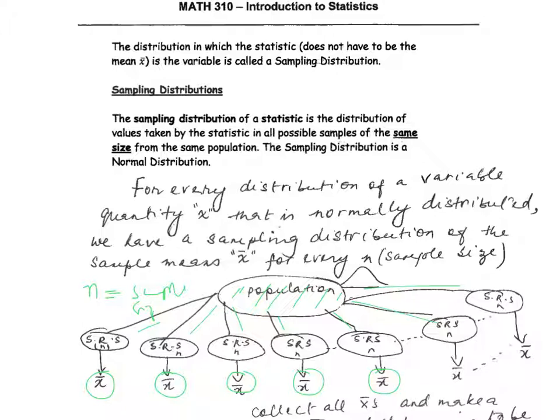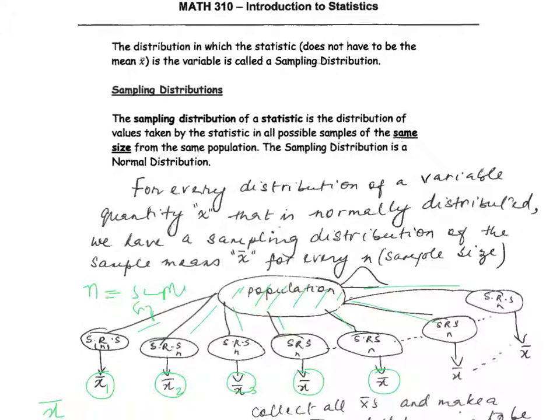Since they're going to be different fixed numbers, we attach subscripts to tell us that x1 bar comes from the first sample, x2 bar comes from the second sample, x3 bar comes from the third sample, and so on. Notice here that the new variable that we have is x bar.